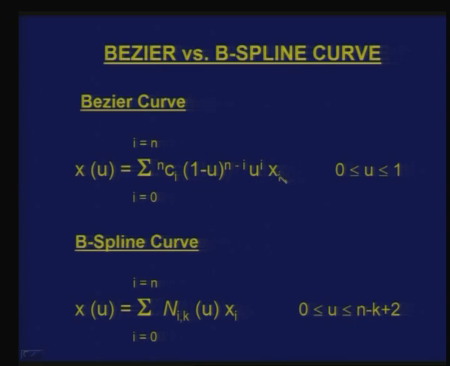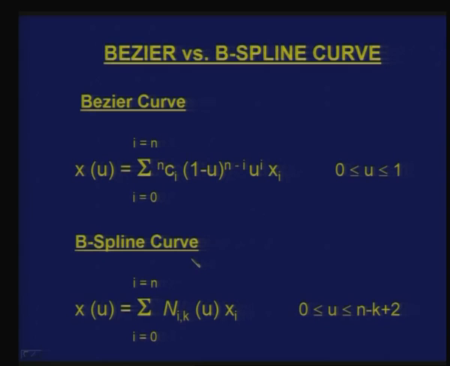Each of these x coordinates has some influence, and is multiplied by two terms: 1 minus u to the power of n minus i, and u to the power of i, along with a binomial coefficient nCi. If I have 10 control points, I will have 10 terms here, all participating in the definition of the curve, and the parameter range varies from 0 to 1. So, u equal to 1 corresponds to the last point, and u equal to 0 corresponds to the starting point.